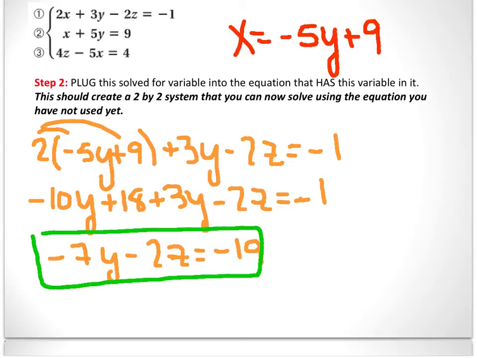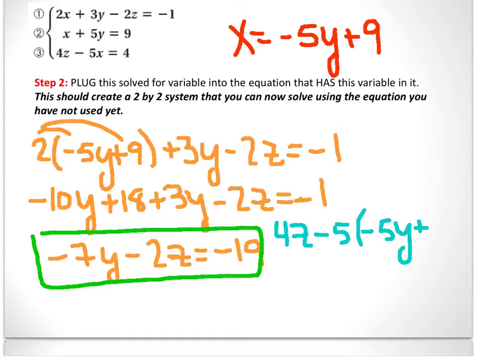Now I need to plug the value I found for x into the other equation. I'm going to get 4z minus 5 times negative 5y plus 9 equals 4.